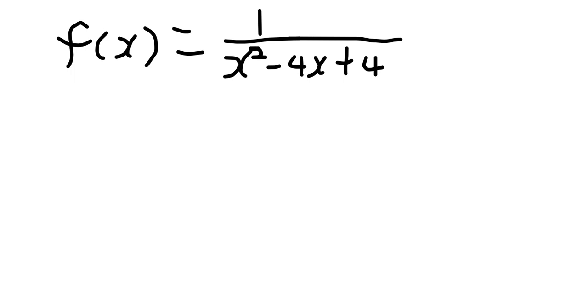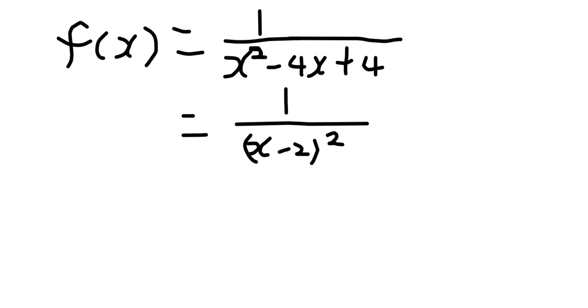Your 2 numbers that multiply to give you positive 4 and add up to give you negative 4 are x minus 2 and x minus 2. So this is 1 over x minus 2 squared. That gives us a vertical asymptote at x equals 2 because we have a pole at x equals 2.